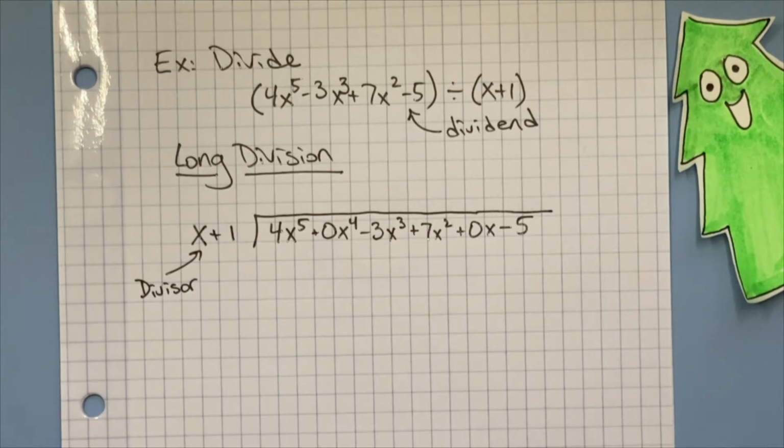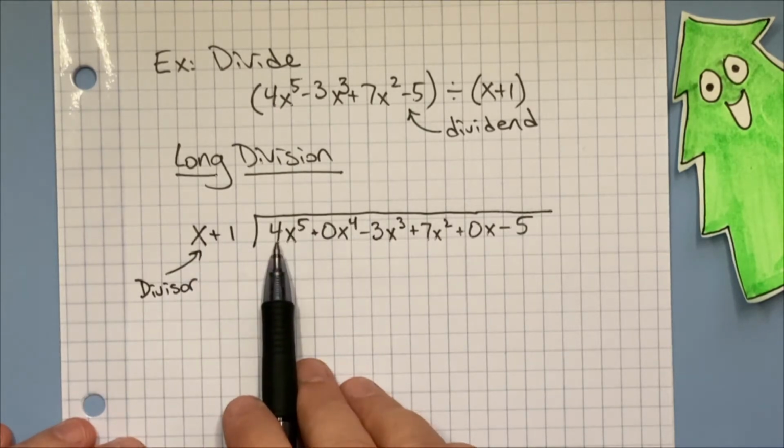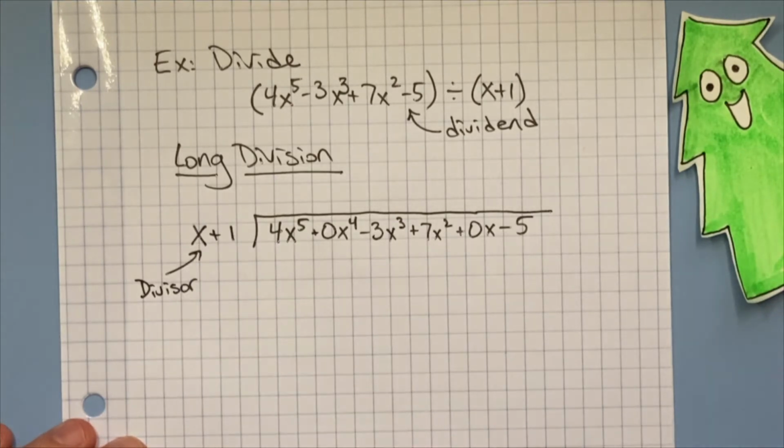I have a particular way I do long division, and I'm sure you can find lots of other people doing it lots of different ways. The way that I do it is I ask myself, what times x gives me 4x to the fifth? The other way to do it is to say 4x to the fifth divided by x, and both work.